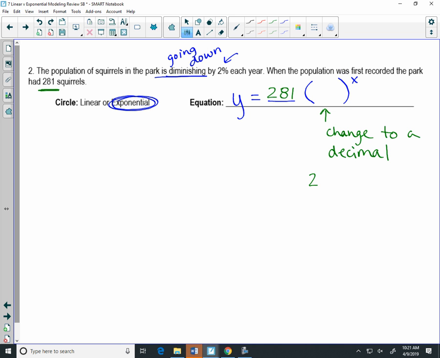I need to move that decimal back 1 and 2 places. So that turns into 0.02. And since I'm going down, remember, we have to subtract that from 1. We're looking at the distance from 100, so we have to subtract that away from our 1.